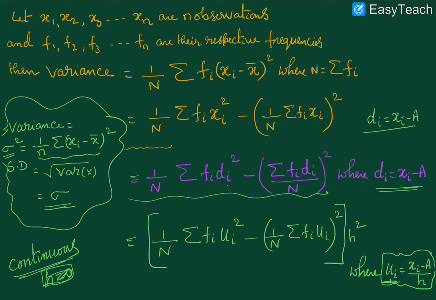So variance can be calculated by using 1 by n into sigma fi ui square minus mean whole square, multiplied with h square, where h is the length of the class.